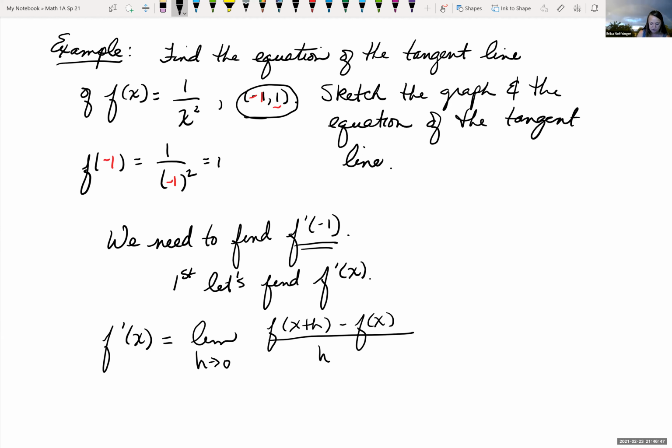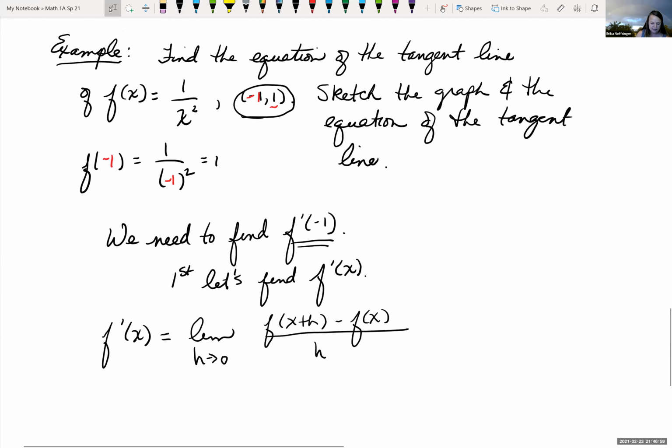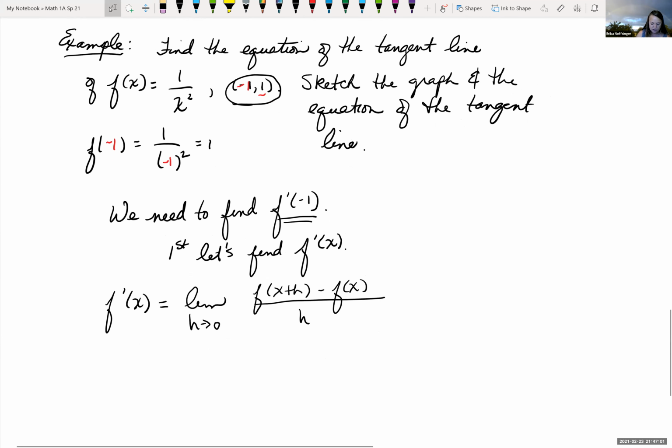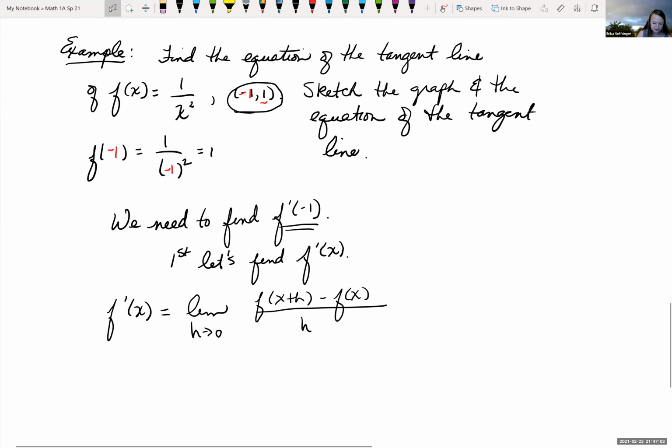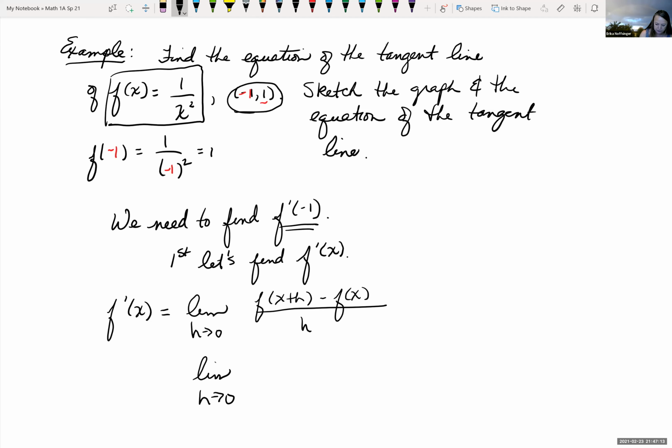And so we were first looking at the derivative of our function f of x. And once we find that, basically we can plug in any value of x where it's defined and see what that slope is at that value. And so now we're going to go into our function f of x and plug in x plus h wherever we see an x. And so we have a limit here, as h goes to 0.